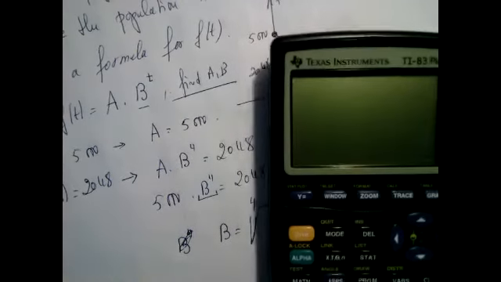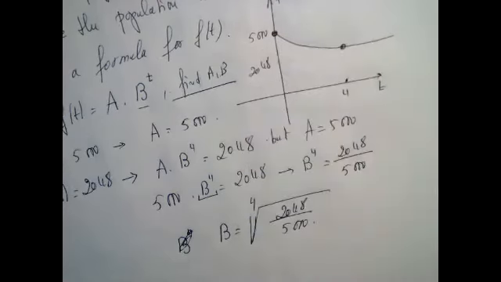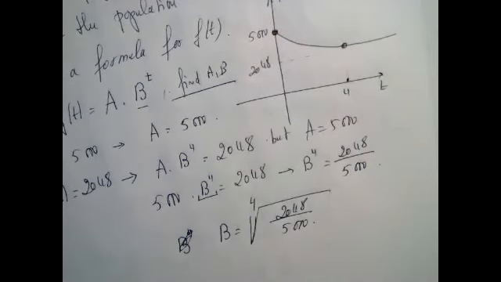Again, I pick up my calculator, and so it's 2048 divided by 5,000, and I'm going to take it to the power 1/4.